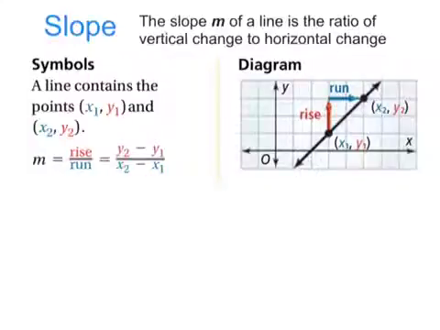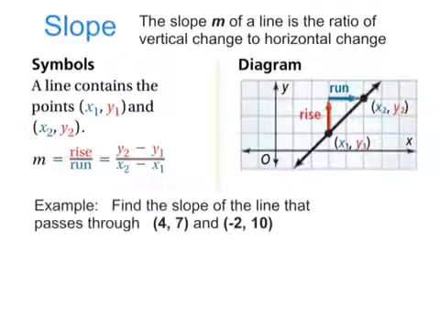So again, here's that formula, y2 minus y1 divided by x2 minus x1. If we look at a picture, over here we have a diagram. Here's our line, and we pick 2 points on that line, and to get from one point to the next, I have to go up 2 and then over 2. So again, the rise over the run.